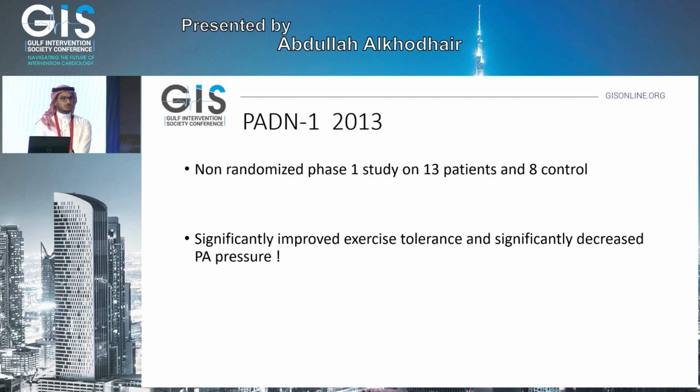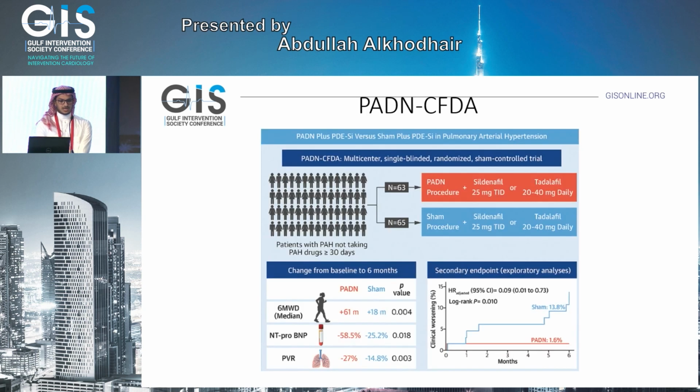The results were so good they were hard to believe as true results. There were some concerns about the conduct of the studies until this year, when we had a randomized controlled sham trial. They took patients newly diagnosed with PAH, gave both groups sildenafil or tadalafil, and then randomized them into sham versus PADN procedure.